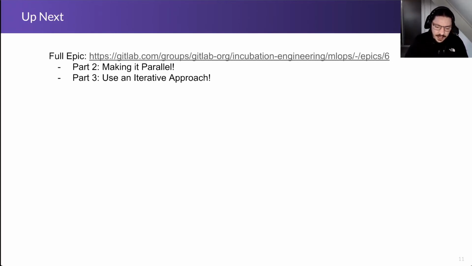But imagine that it takes 5-6 hours to train a model, which is not unreasonable. It's common to have this kind of application where it takes hours, days, weeks sometimes to train. So making it parallel is quite important, and this is what we're going to do in the next session.